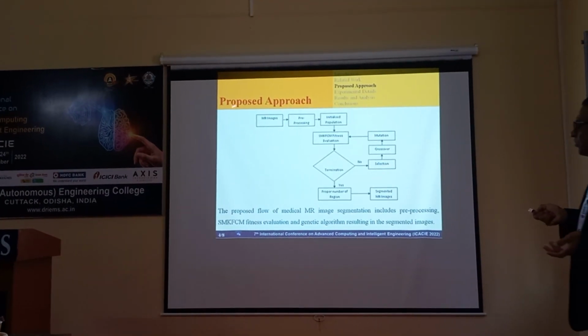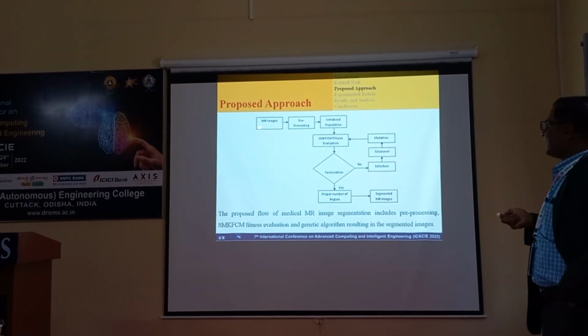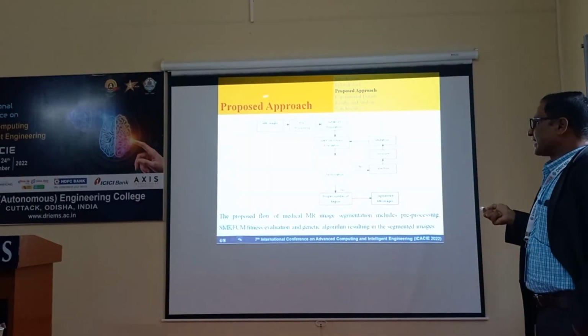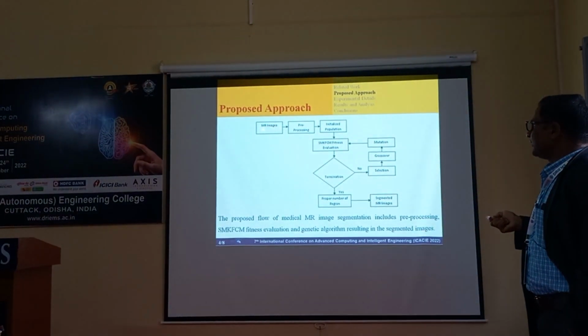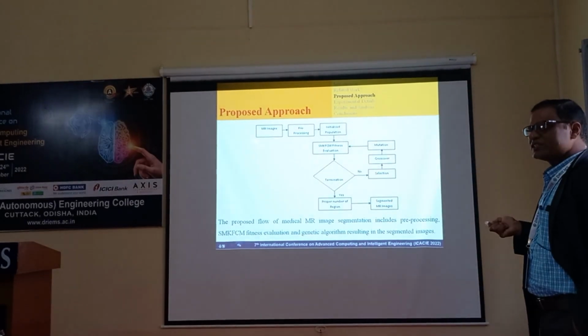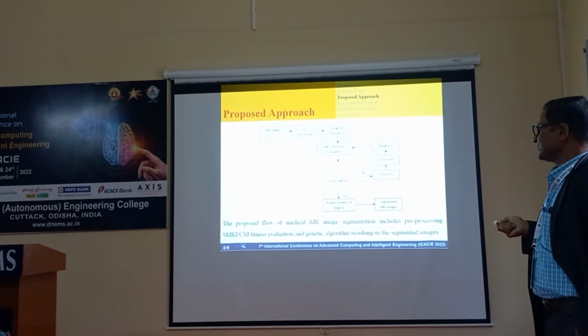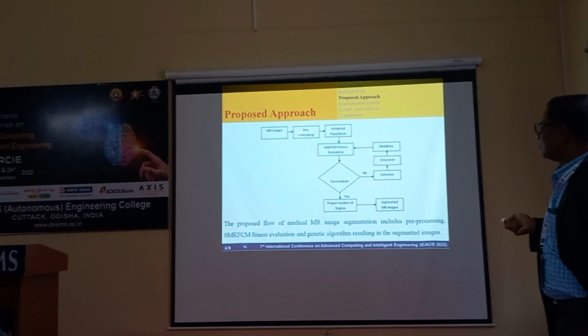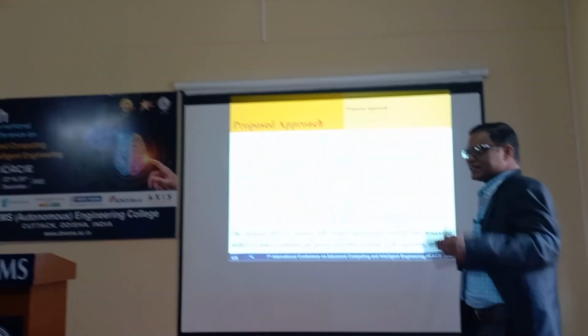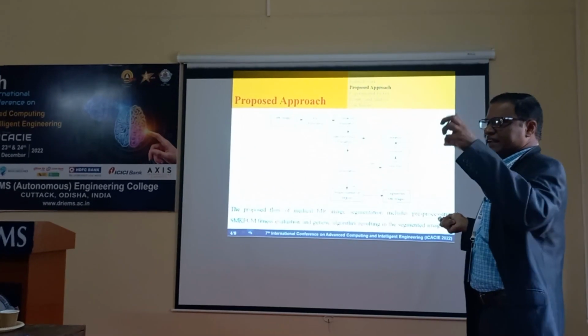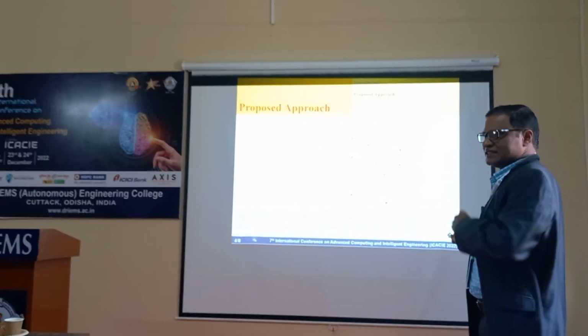Then, my proposed approach. I have taken MR images from the available data set, brain images of ages 18 to 16 years. Then we go for pre-processing. Basically, in pre-processing, for the enhancement concept I have utilized histogram modeling.